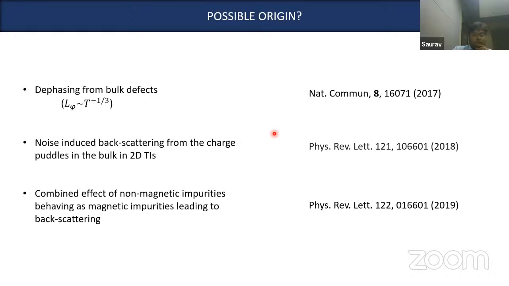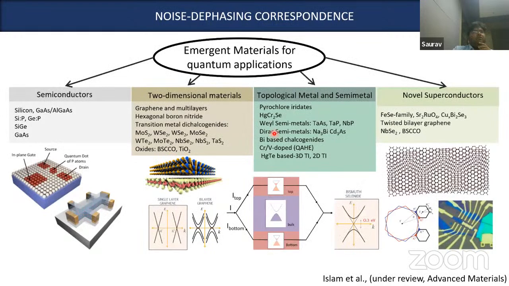And so I'll leave you with one last graph. One of the things that we had been looking at is whether, in all these 2D materials and semiconductors, the noise and dephasing itself is correlated.